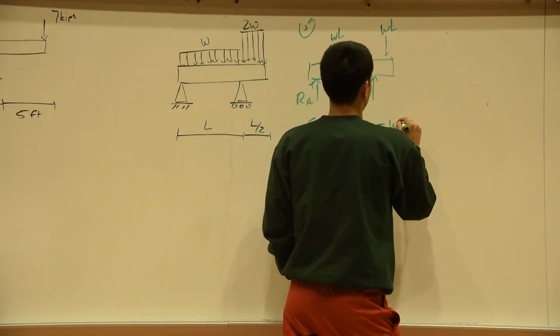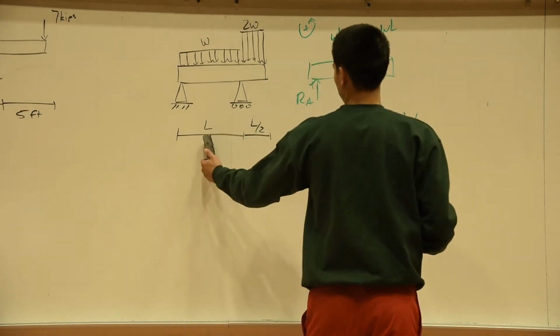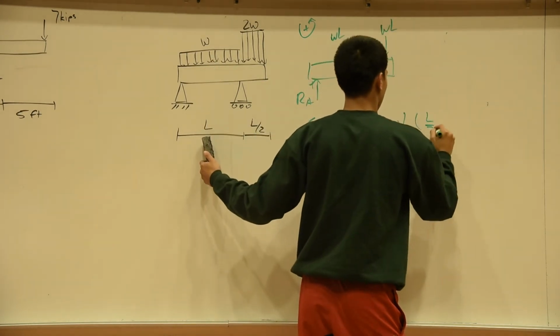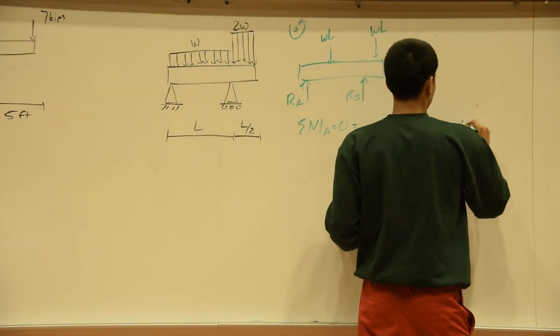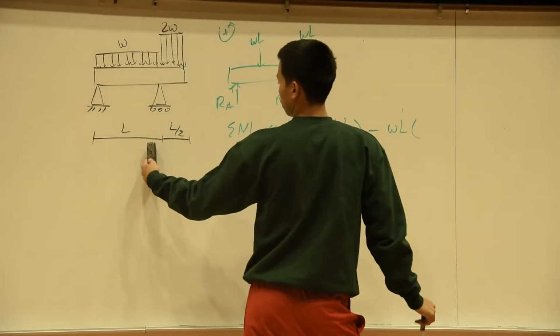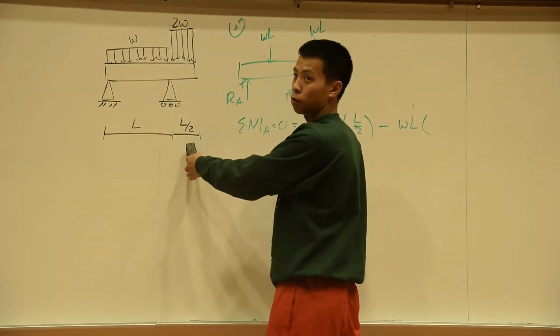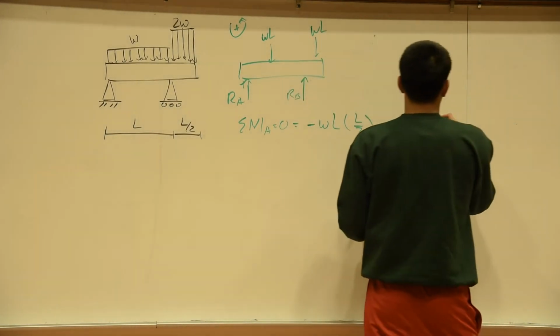Start with negative WL, that's the force. Okay, times the distance. I said it was L over 2. Okay, let's do this force. We get WL. And the distance is L plus half of L over 2, so it's L over 4th plus 1, so 5/4 L.